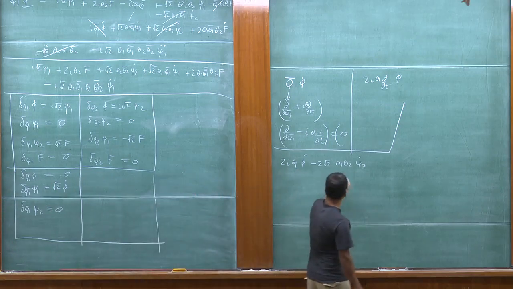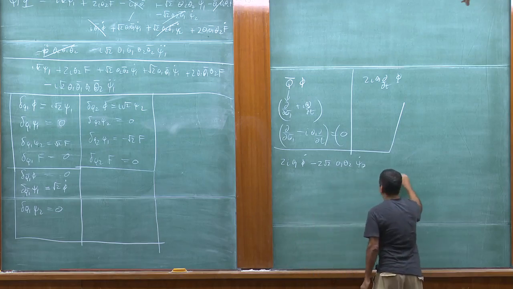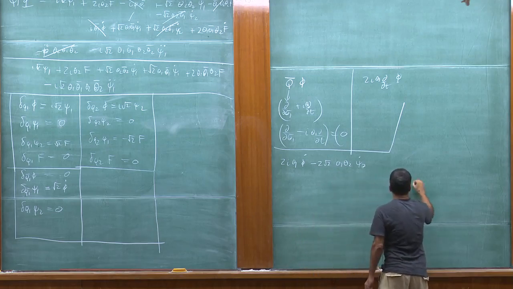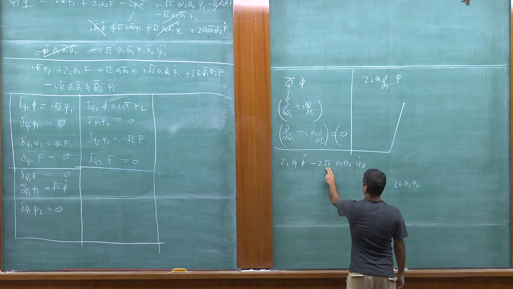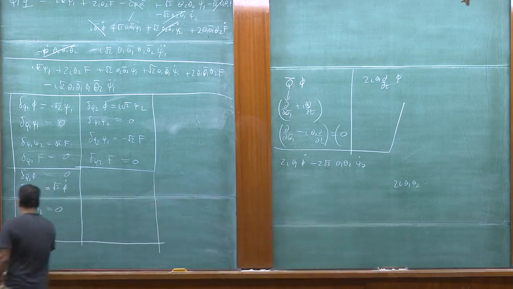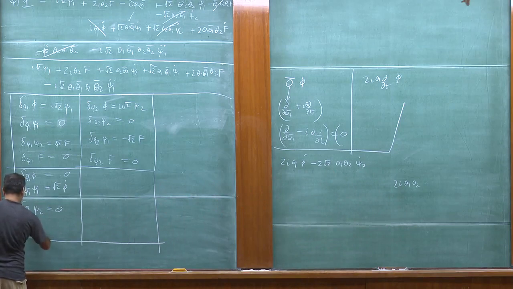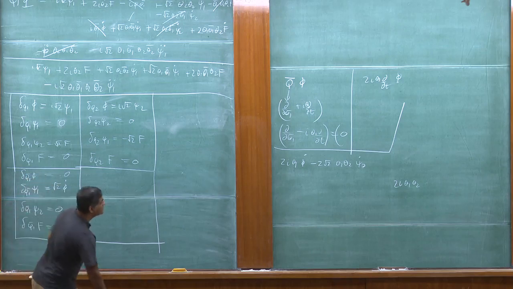And this guy was the F term. Now F came with an i, with a 2iθ₁θ₂. So what's left is an additional square root 2i. So Q̄₁ on F is equal to square root 2i ψ₂ dot. Do you agree?